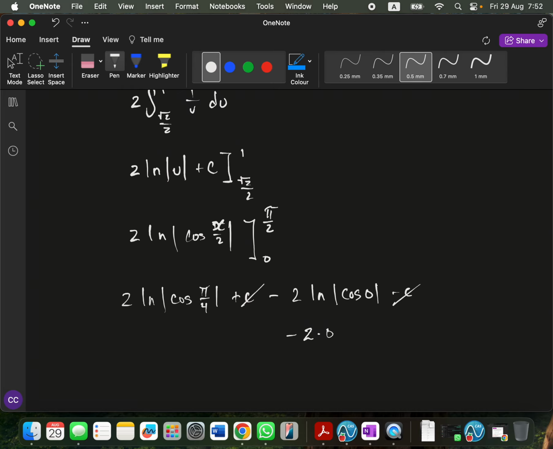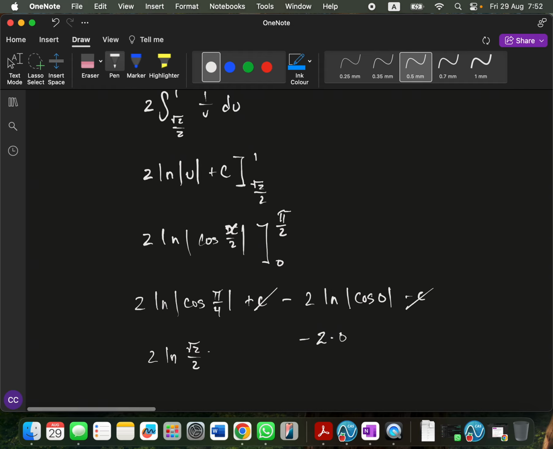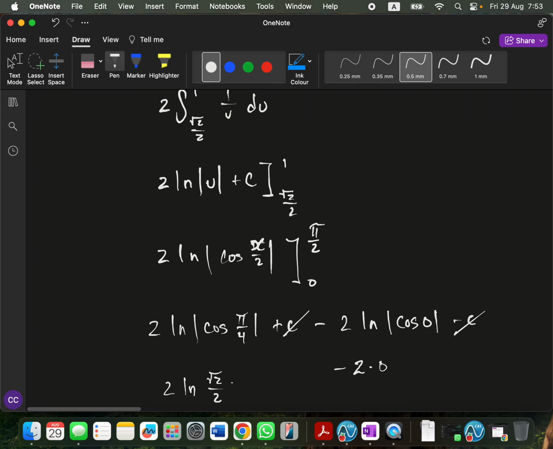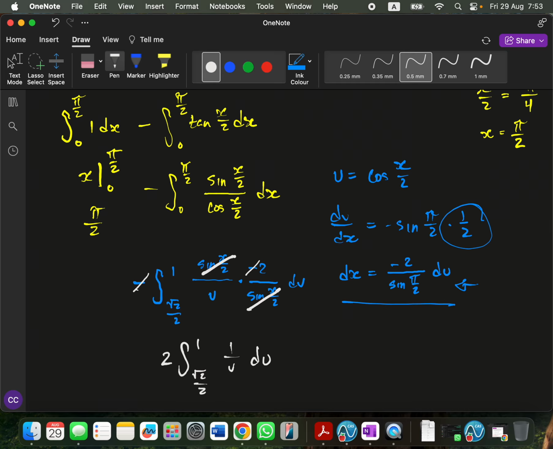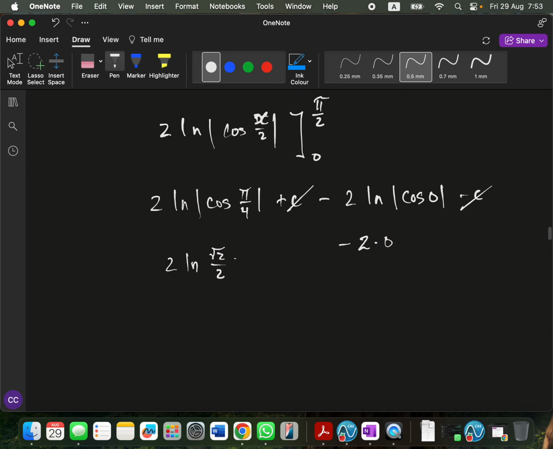And this would turn into 2 ln of root 2 over 2. Yep. So then, oh, that is painful. So I get pi over 2 minus that. And I think that is our answer.